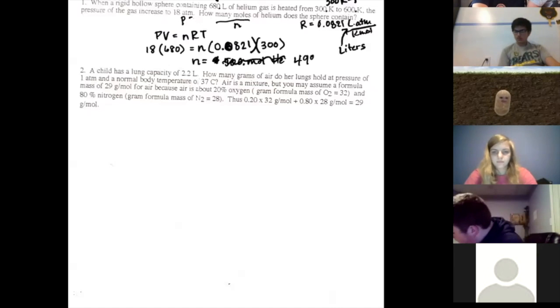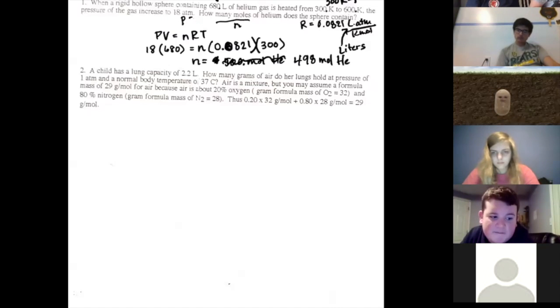Dot. And that's significant figures right there. That's what I got. Actually, no, I did that wrong. It should be 498 moles of helium. I'm sorry for anyone who's doing this in pen. Sorry, so sorry. I was doing it in pen too. See, I had to scribble on my page. Well, you can just erase your pen.